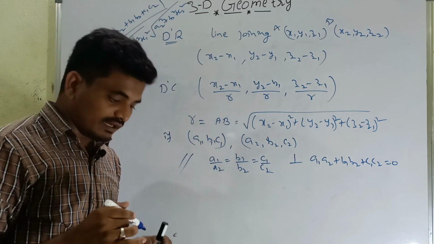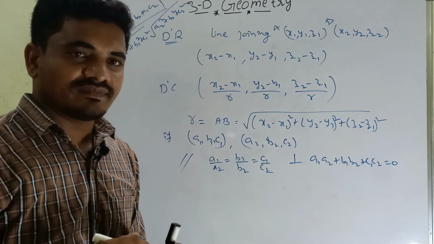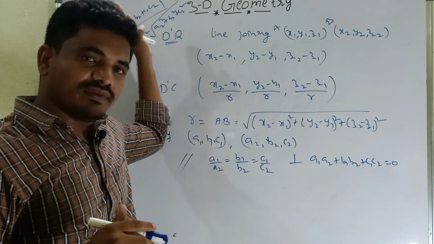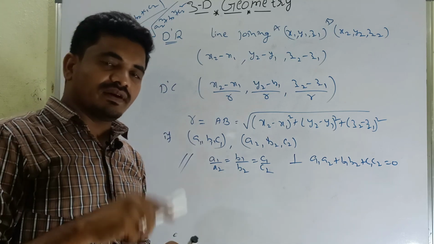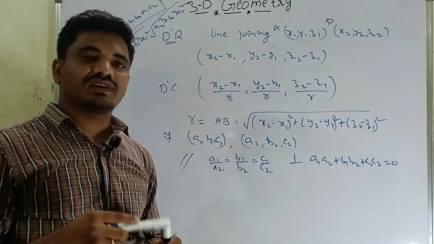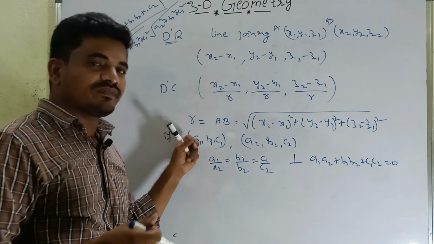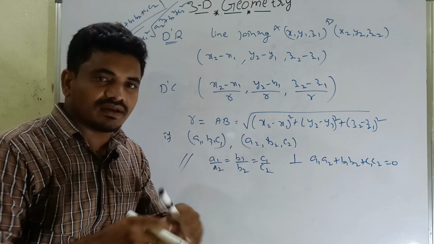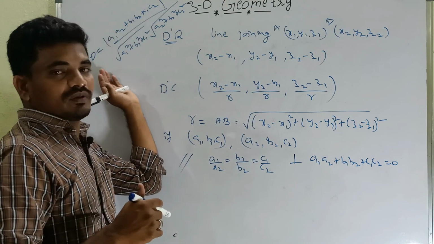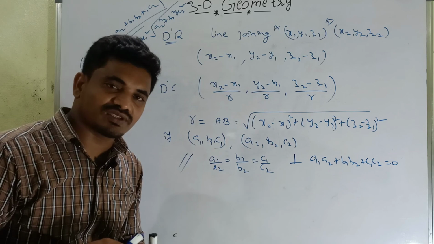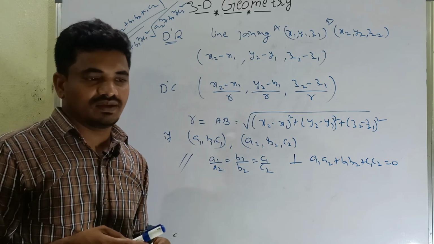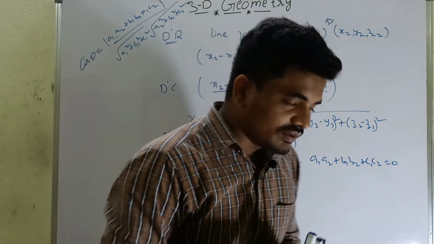This is the angle between 2 lines. If a1, b1, c1 and a2, b2, c2 are the direction ratios of the given lines, then this gives the angle between the 2 lines. Okay? Okay friends?